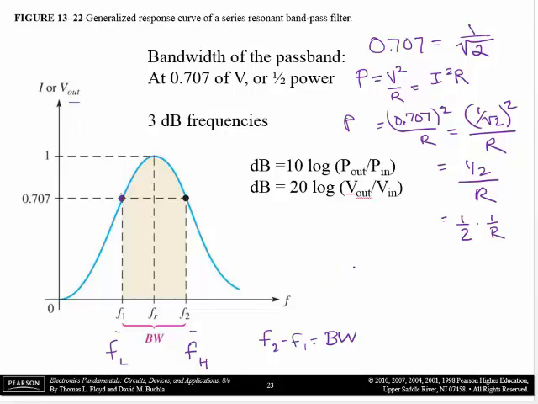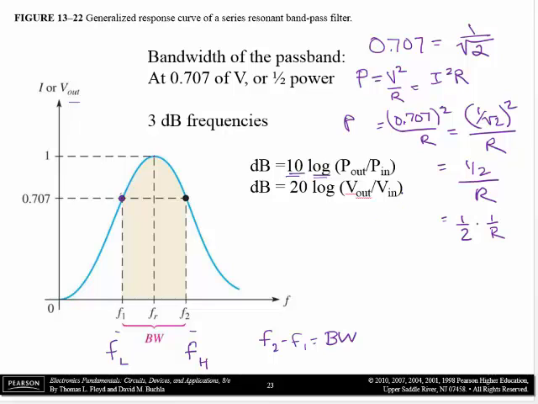So dBs are where you take some number, a ratio, and you find the log of it, and there's a log function on your calculator, and then this is a scaling factor that makes the numbers nicer. So a dB is defined as 10 log of the ratio power out over power in, and if you're doing voltage, a dB is 20 log V out over V in.